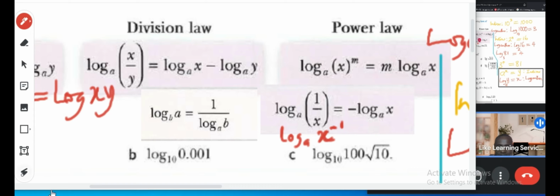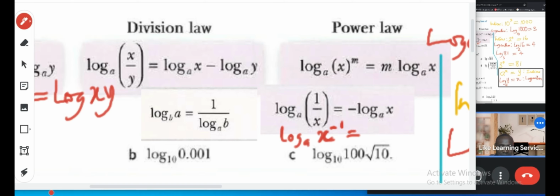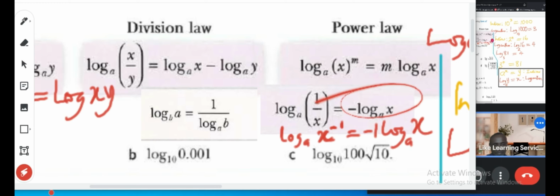Because 1 over x is the same thing as x raised to the power minus 1, isn't it? In indices, 1 over something is that thing raised to the power minus 1. Apply the power law. All you need to do is take the minus 1 down. It becomes minus 1 times log in base a of x, or simply minus log x in base a.